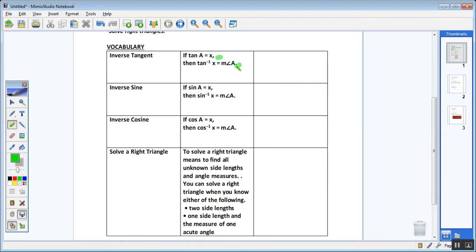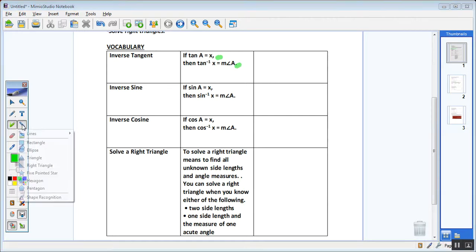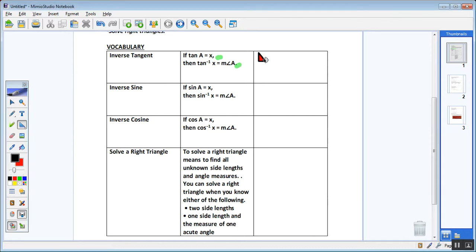I don't know how to draw this. I'll say, let's put a right triangle in here. Okay, what function are we dealing with, kids? Okay, so let's say that angle A is right here. How about I call this x and I call this 1?